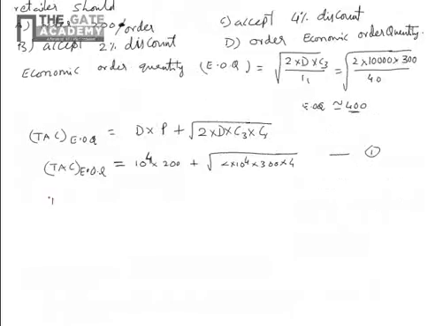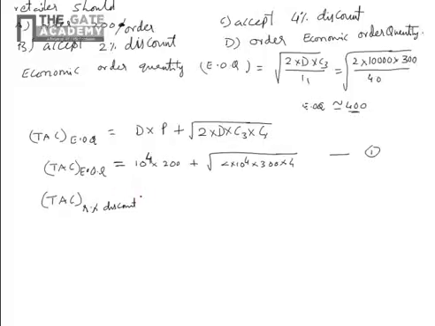So calculate total annual cost with R% discount. For the discount, you need to take minimum Q of 1000.